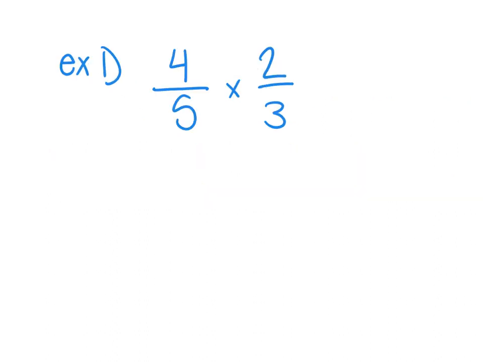Here in example 1, we have 4/5 times 2/3. So what we'll do is, the first rule said that we need to multiply straight across. So I'm going to take the 4 and multiply it times the 2. So 4 times 2 equals 8.